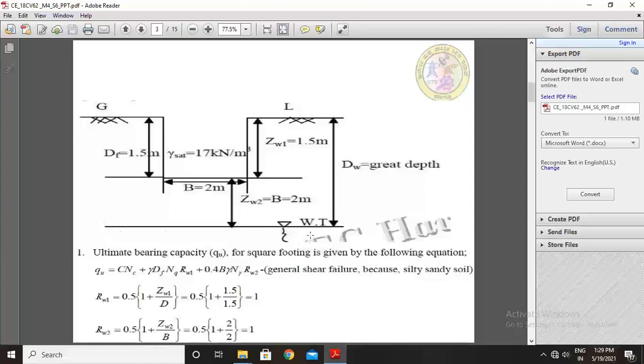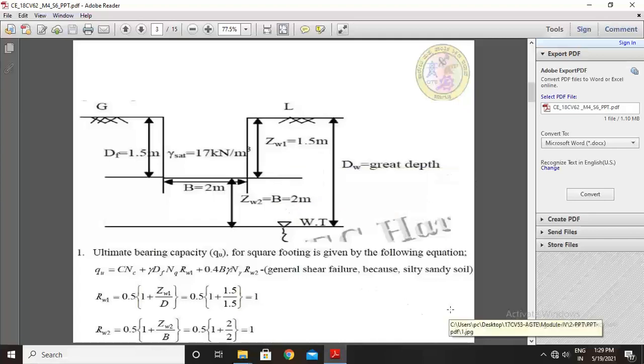So this is the water table located from here to here. DW, it's great depth, and this distance we are considering as ZW2 is equal to B is equal to 2 meters. And this above the base of the footing below ground level, this distance we are considering as ZW1. So it becomes 1.5 meters.